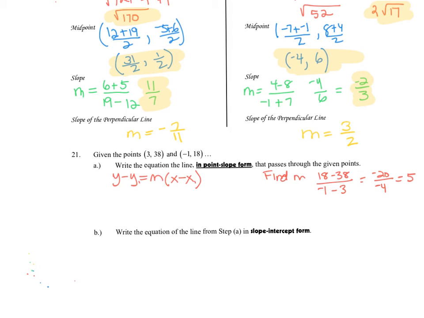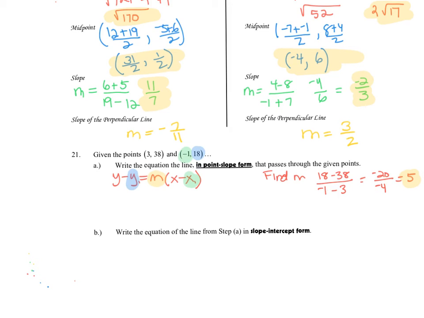So I'm going to take my slope that I just determined right here, and I'm going to substitute it in right there. And then I'm going to select a point, doesn't matter which point, but I'm going to put the x value in for the x value there, and the y value in for the y value here. And that will be my point slope form.